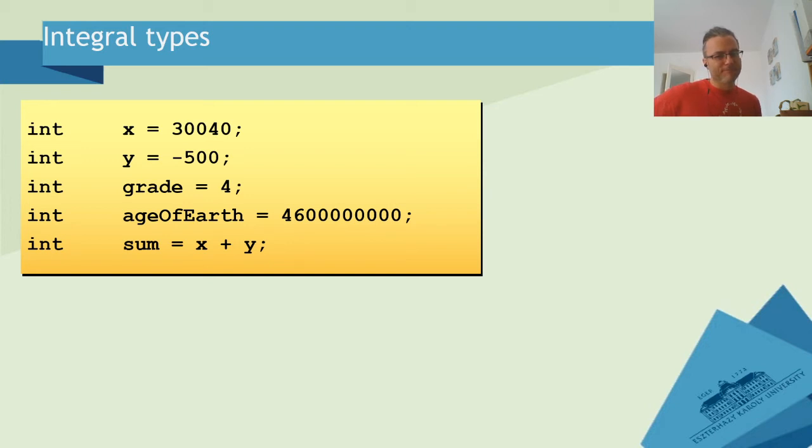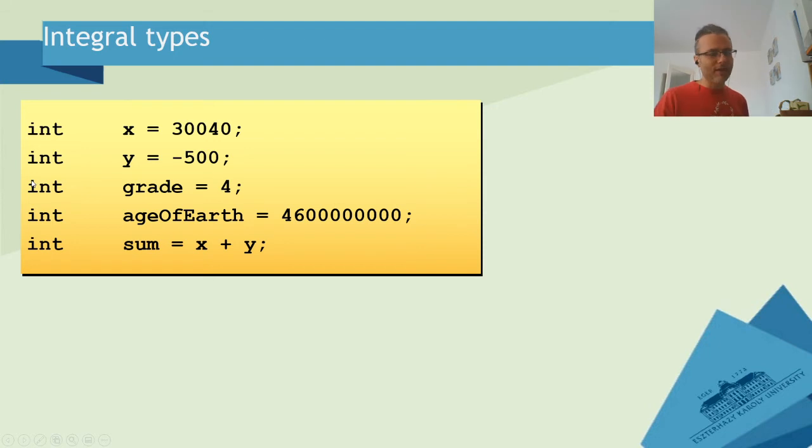So let's suppose in this example we want to store Hungarian grades between 1 and 5. Which type should I use here?